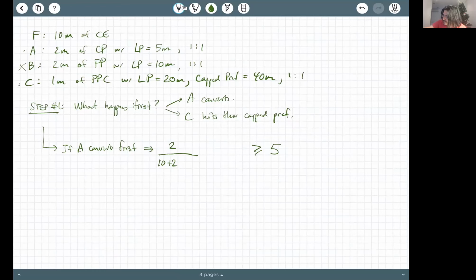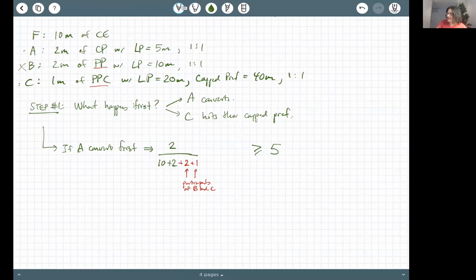So this is important to understand, right? Plus 2, plus 1. This is participation of B and C, because B owns participating preferred, C owns participating preferred with a cap.